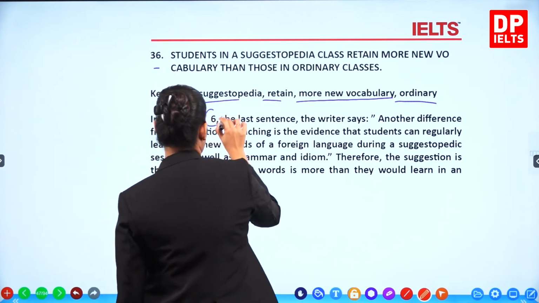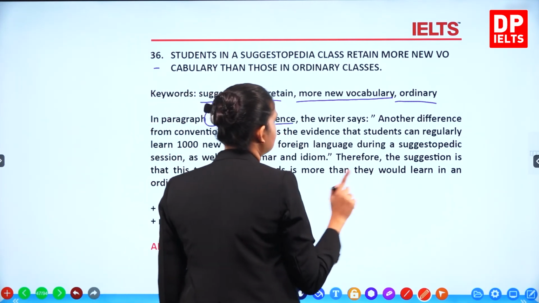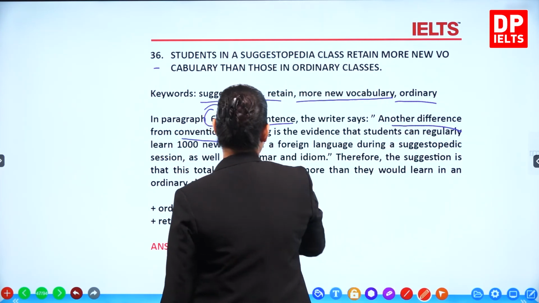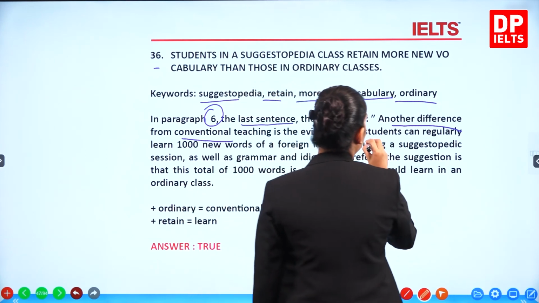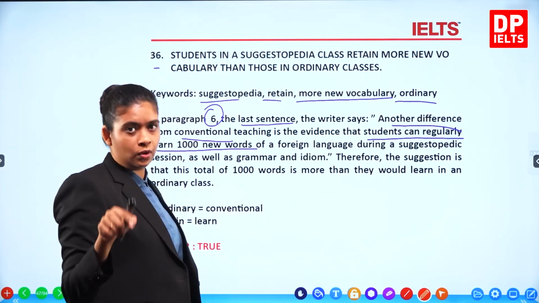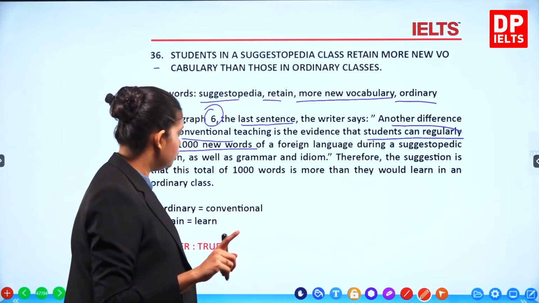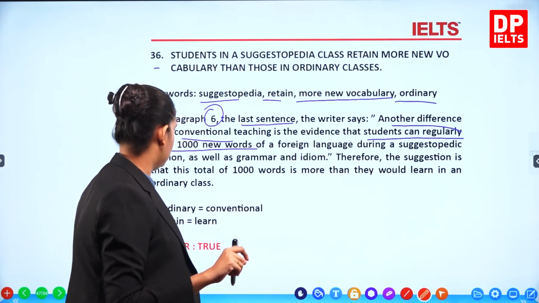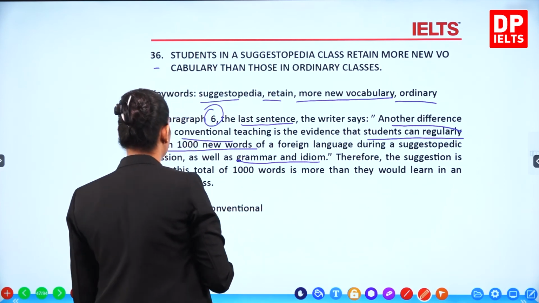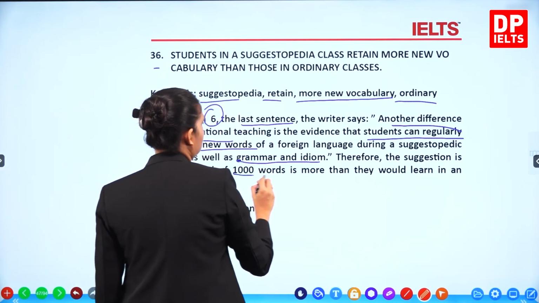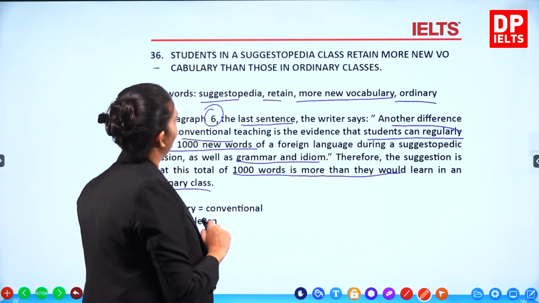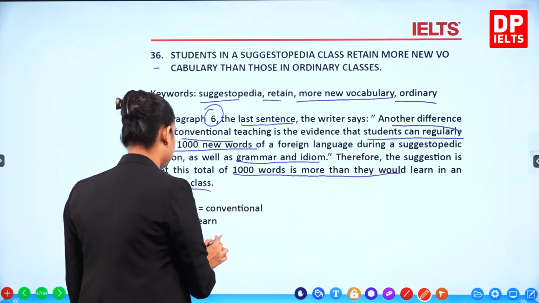In paragraph 6, the last sentence, the writer says, another difference from conventional teaching is the evidence that students can regularly learn 1,000 new words of a foreign language during a Suggestopedic session, as well as grammar and idioms. Therefore, the suggestion is that this total of 1,000 words is more than they would learn in an ordinary class. So, I would say yes, that is true.